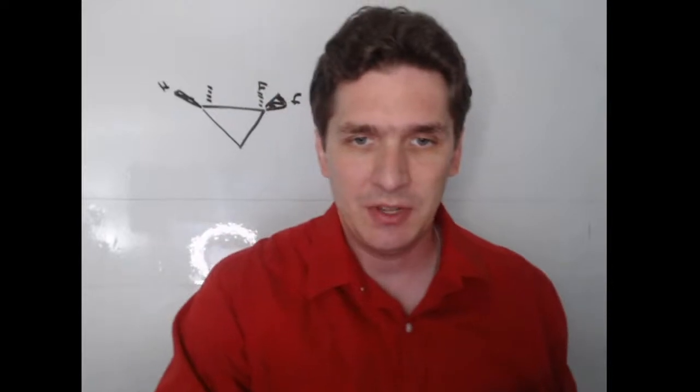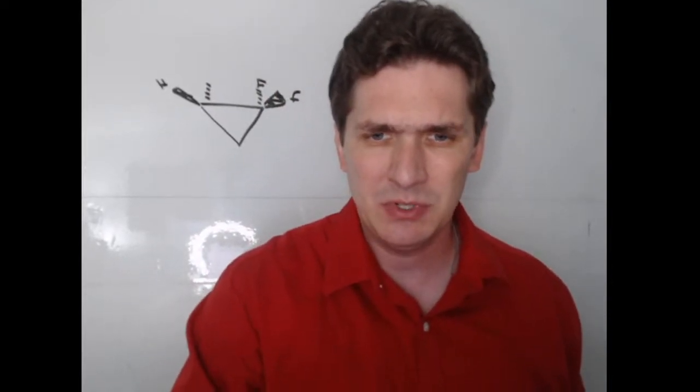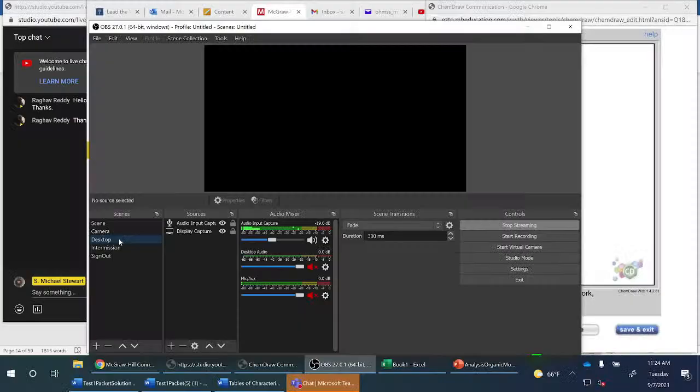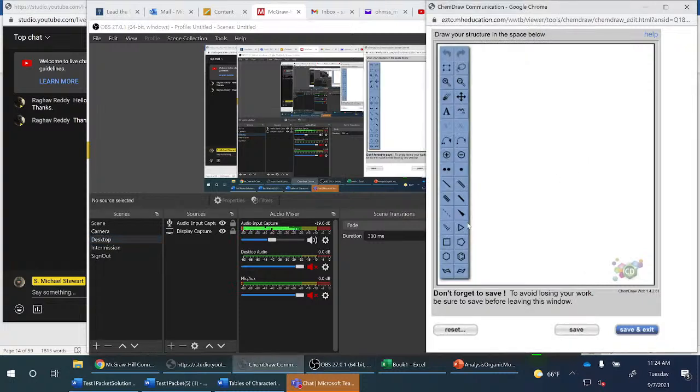So if I try to draw this structure, and I'll switch to the desktop for you, odds are it's going to mark this wrong. And honestly, I think it's going to be particular if you don't draw the wedge bond going back.